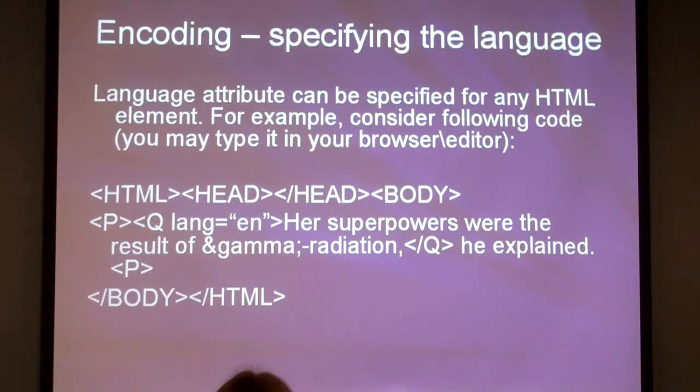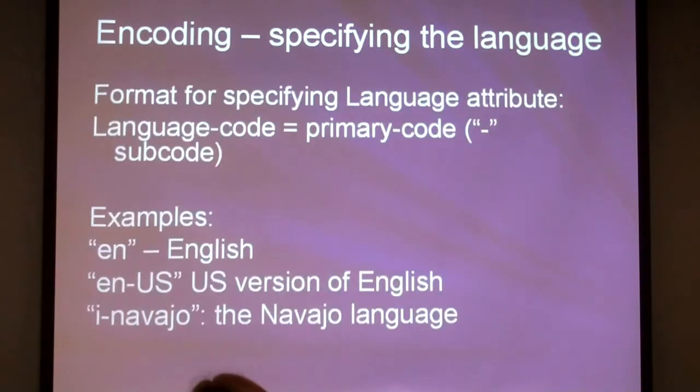This might not be very informative, but we can also specify locale. For example, we can specify English US or English Canada, or English UK, and also can specify Navajo, for example. It's a huge list. All languages are present here. It's a subcode, using the dash for specifying the subcode.